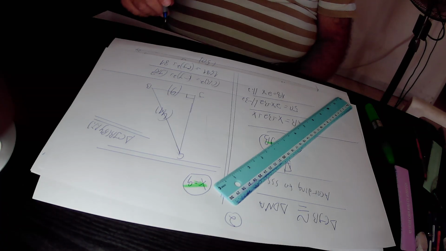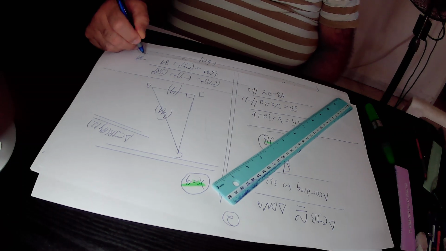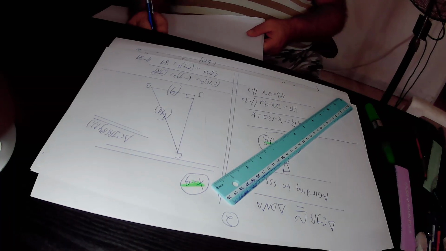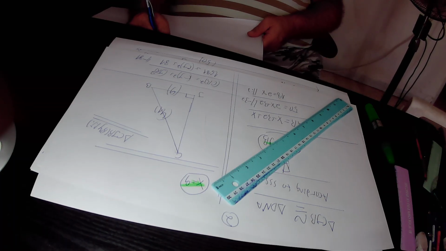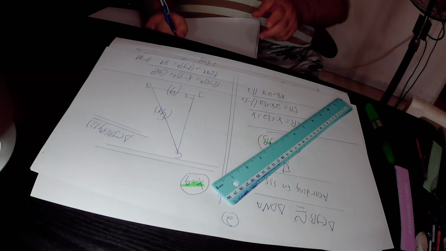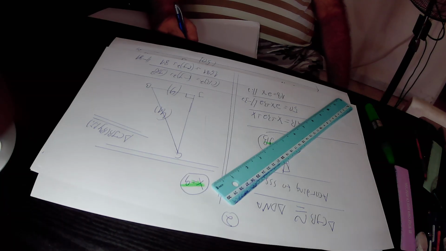Here we subtract 81 from this equation, and we get that CJ squared equals 1681 minus 81, which is 1600. So CJ squared equals 1600.